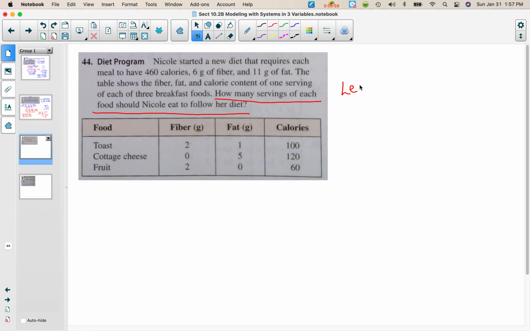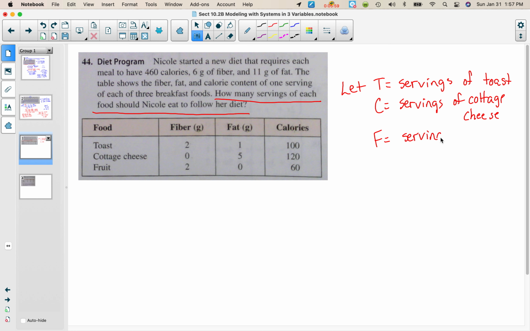So I'm going to let T equal the servings of toast, C equal servings of cottage cheese, and F equal servings of fruit.